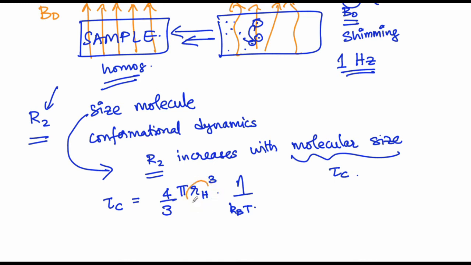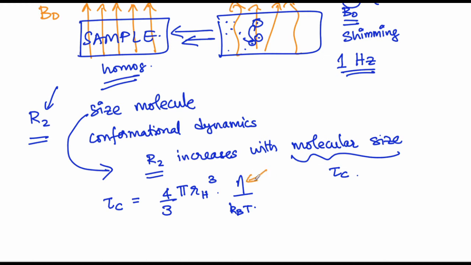As the radius of the molecule increases, tau c therefore increases in this fashion. In addition to the molecular size, the rotational correlation time, which dictates the R2, is also dependent on two other parameters, one being the viscosity of the medium and the other the temperature. Which is why generally when people do NMR, they try to have as non-viscous a solvent as possible.